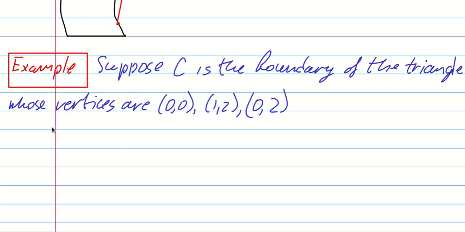So let's quickly look at what we have for this triangle. We have (0,0), (1,2), and (0,2). So this is the triangle that we have. This point here is (0,2). This point over here is (1,2). And the only line that I don't have is from this point to this point.